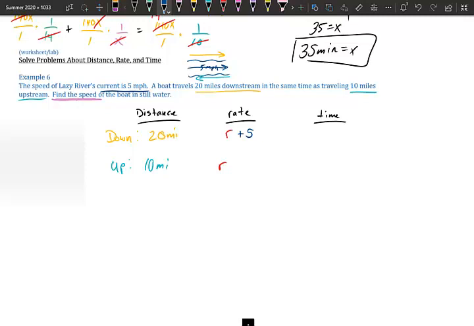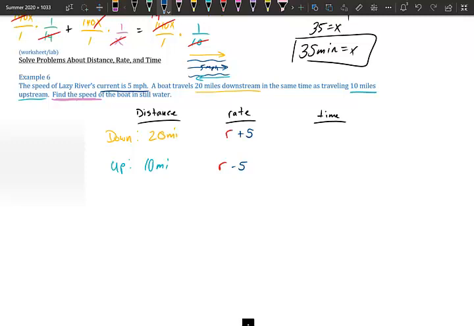And then if we're going upstream, the opposite way, it's going to slow us down by 5 miles an hour. We're going against the current, so we have to work harder to get past it.